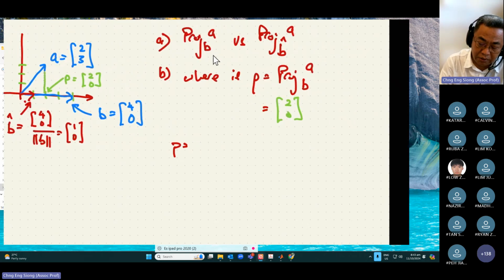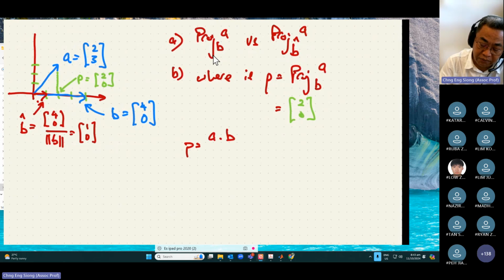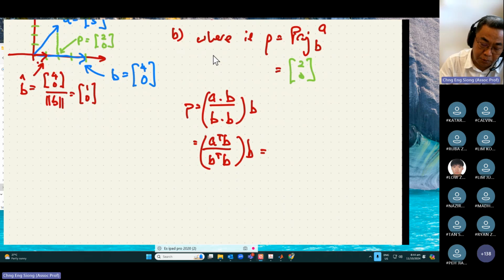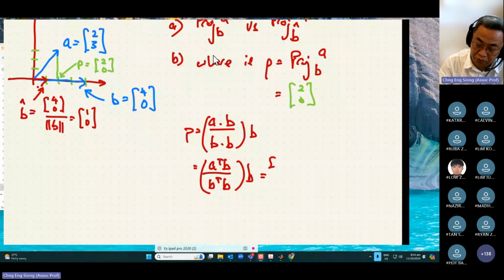So P is equal to A dot B divided by B dot B, times B. A dot B is A transpose B, and B dot B is B transpose B. A transpose B is 2, 3 with 4, 0, divided by B transpose B, which is 16.